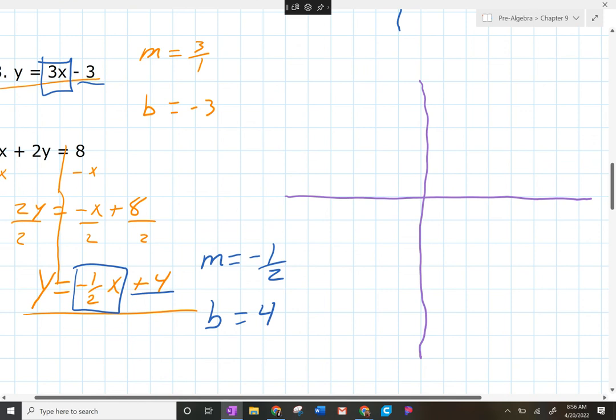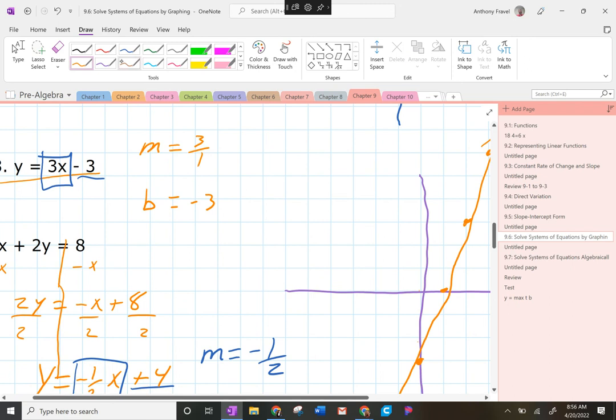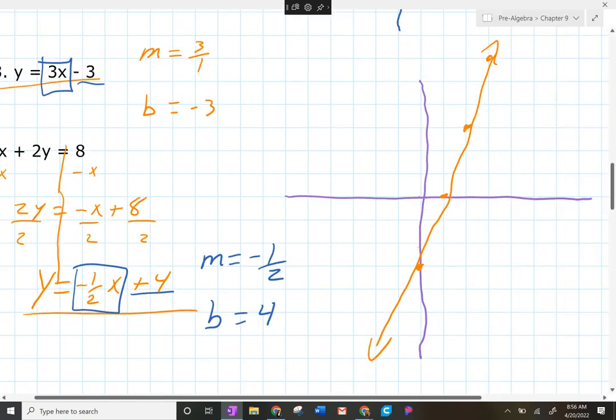My very first one, well, my b value was negative 3. My slope was 3 over 1, so I go up 1, 2, 3 over 1, up 3 over 1, up 3 over 1. My first line kind of looks like that. My next one, my b value is 4, so 1, 2, 3, 4.